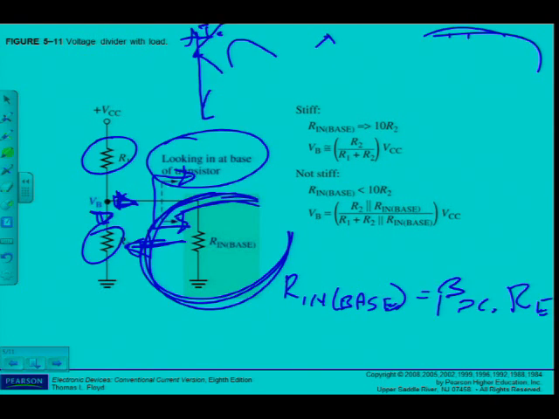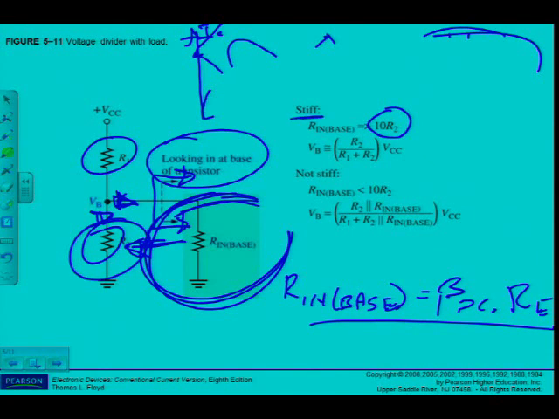So once I've calculated R in at the base, which is beta DC times RE, I must go and check, is it still larger if I multiply the value of R2? You can see there, R2 I multiply with 10. Then it must still be at least equal or larger than that value.